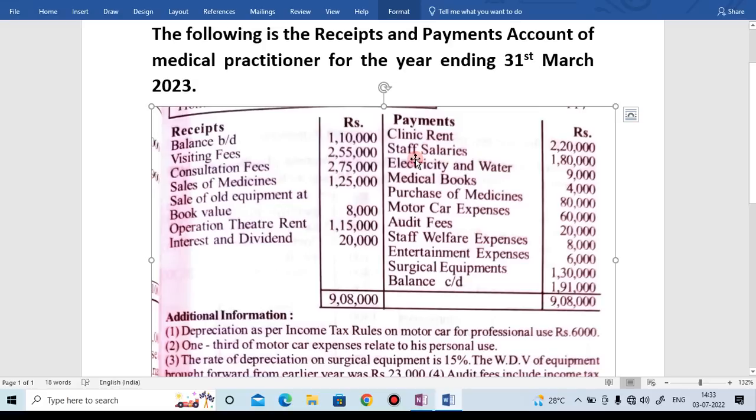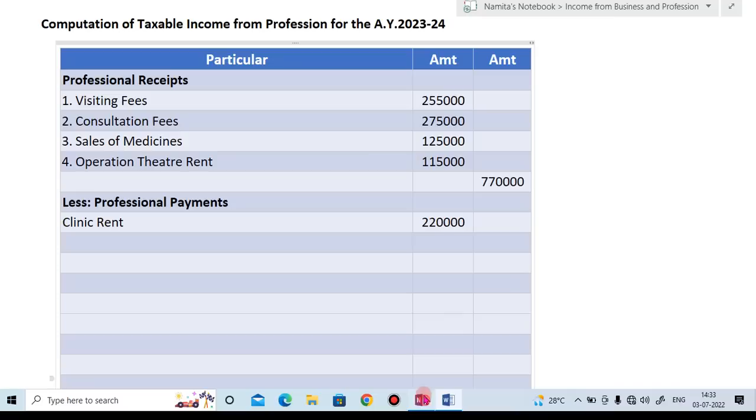Because in a hospital there are nurses, doctors or ward boys, and the salary we have to pay to them will be related to the professional payment. So staff salary is 1,80,000.